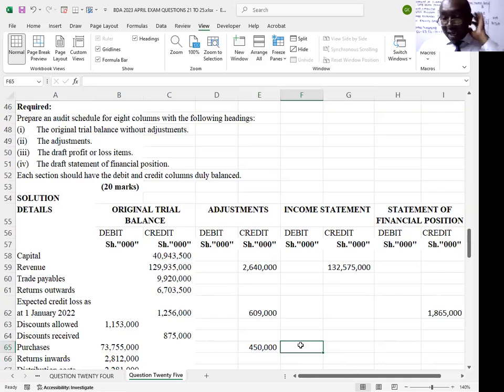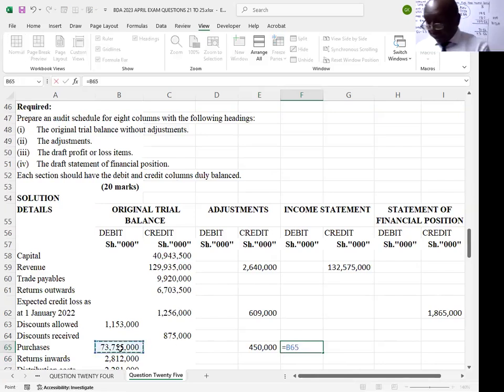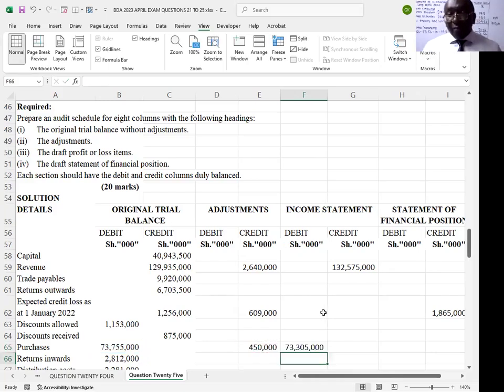So we bring it here and say equals these purchases plus this one. Not plus, it's minus. It's minus. Because you have credited, it's a minus. So we have that amount.